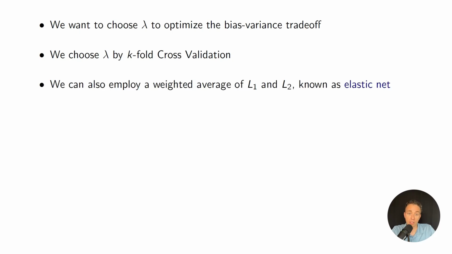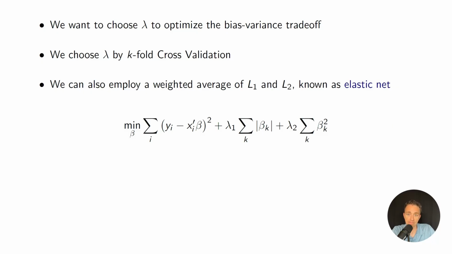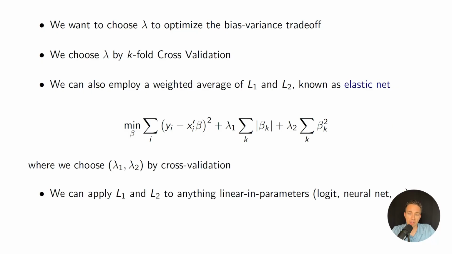If we wanted to, we could also employ a weighted average of L1 and L2 regularization, which is called elastic net, but that's not necessary. But if we did want to use elastic net, then we could have separate penalty parameters on the lasso and the ridge portion. And the nice thing about L1 and L2 is we can apply this to anything that's linear in parameters. So it doesn't have to be just an OLS or a logit. It could be a neural network.